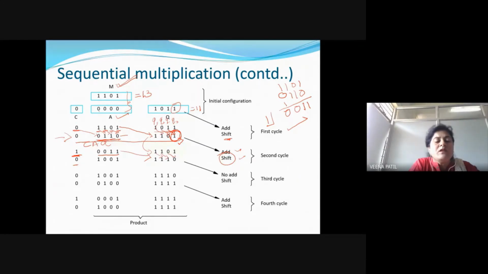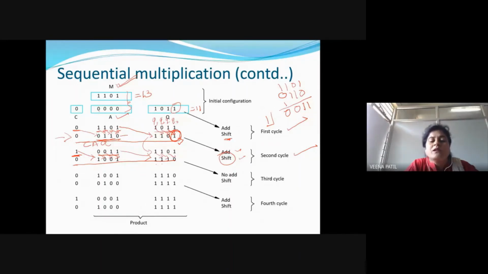A will become this, C is shifted here. So it will become 1, 0, 0, 1, and Q will become 1, 1, 1, 0. So this will be my new CAQ, that is in the second cycle.